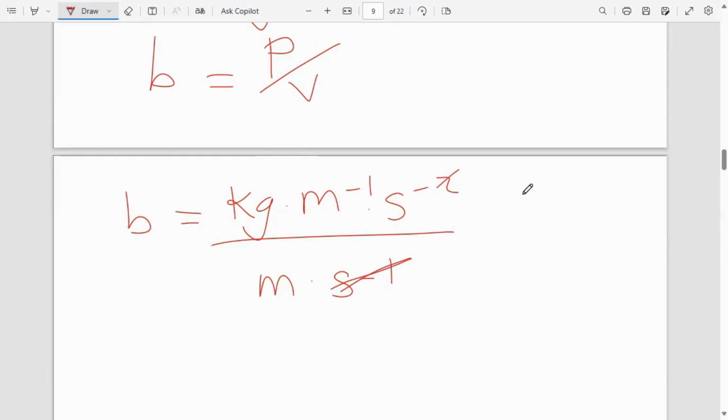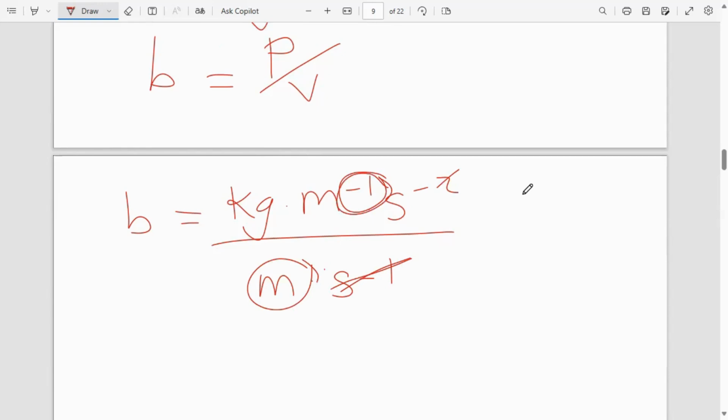Then what else are we having? Since here is power minus 1, these guys are going to multiply. This is a denominator, which is having a positive power, and this one is having a negative power. That means it is going to be negative 2.